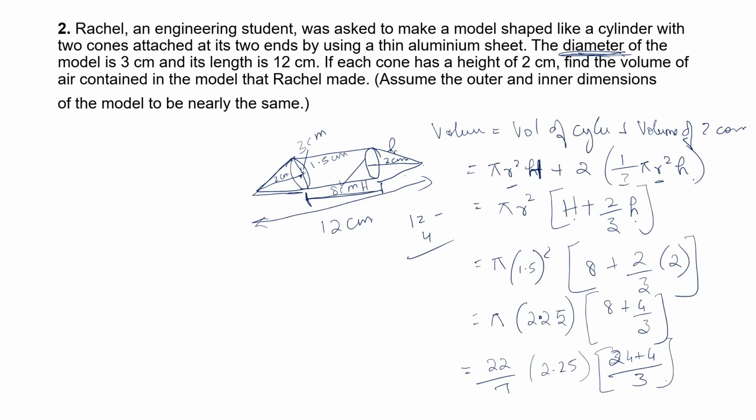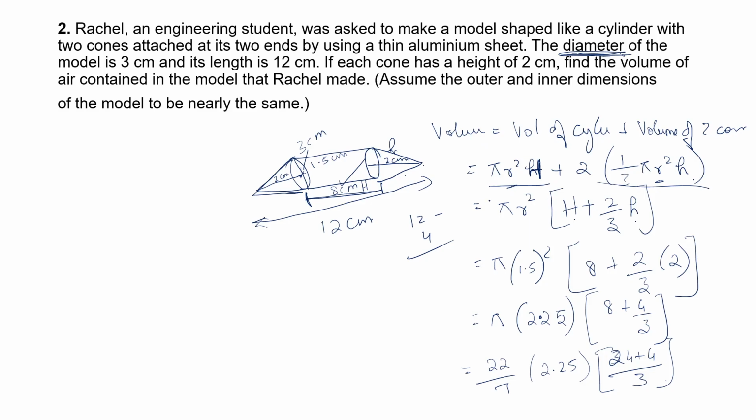So can you understand this sum? You have to find the volume of the whole object. So it is the volume of cylinder plus volume of 2 cones. Substitute the formula, and substitute the values properly, and then don't multiply or divide immediately. Try to cancel as much as you can. First of all, take common outside, don't multiply this separately and this separately.